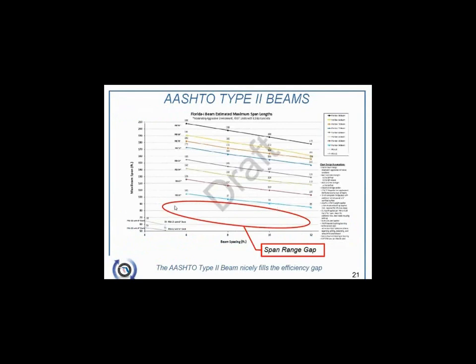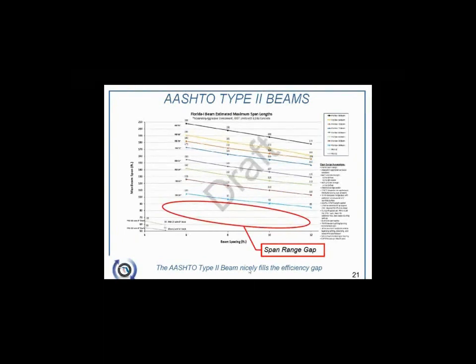Just to kind of get into it a little bit, here's a graph of the beam charts that we have in the IDS. The one in the IDS doesn't show the flat slab plots, which this one does actually. But you can see the gap between the flat slab spans and the FIB spans, and you know, we could use the FIB 36, but then again it's not as efficient as it could be.